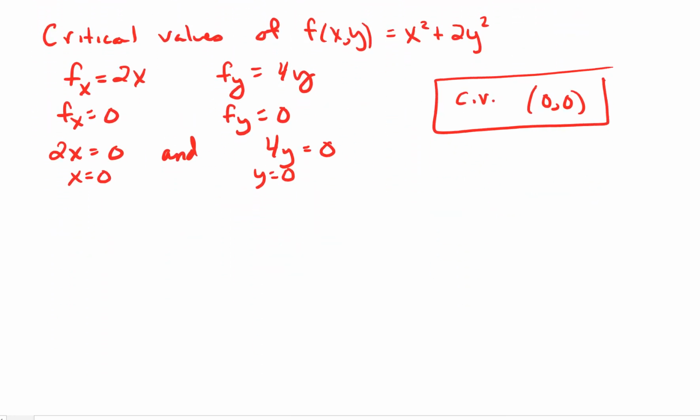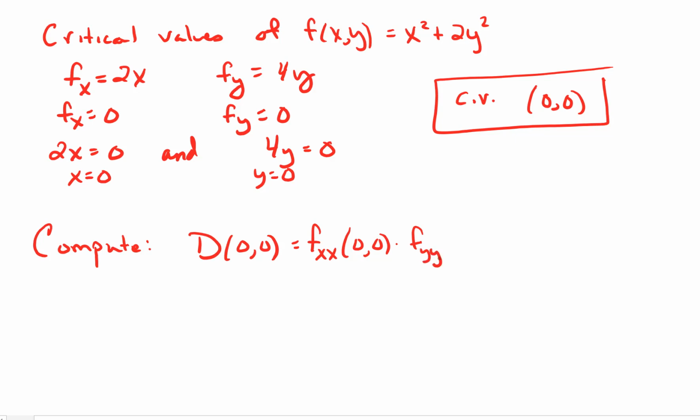Okay, so the next thing we want to do is the second derivative test. We want to compute D at our critical point, which is 0, 0. And to do that, we will take the second derivative of f with respect to x, evaluated at 0, 0, times the second derivative of f with respect to y, evaluated at 0, 0, minus the mixed partial derivative at 0, 0 squared.